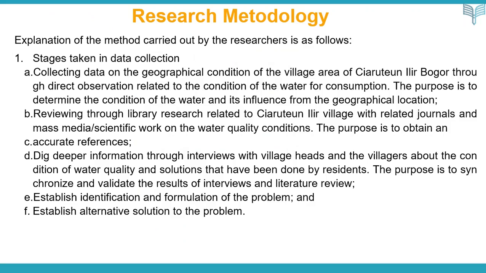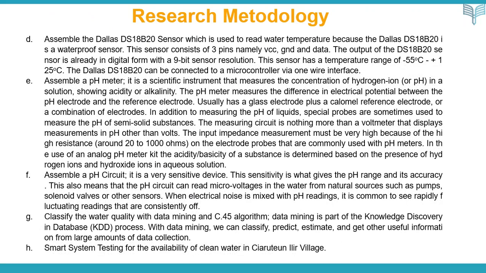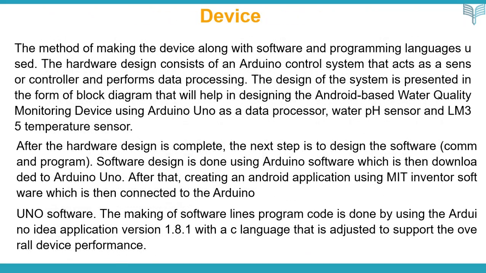Alright, fellow researchers, now we would like to explain a little about the design of our research device, which we call ALUKAR, or Alat Ukur Kualitas Air, or in English, Water Quality Measuring Device, up until its measuring test phase. The method of making the device, along with the software and programming language used.